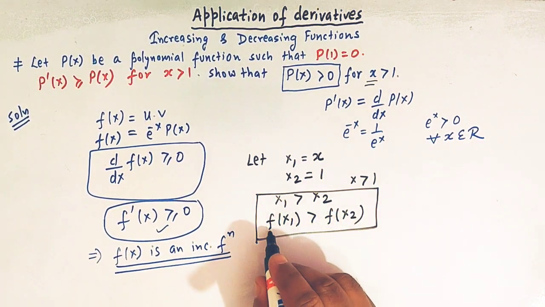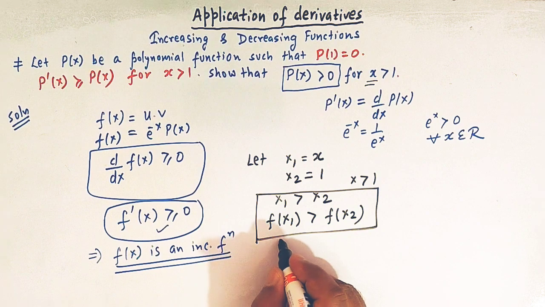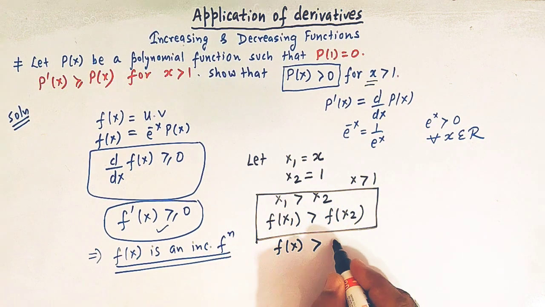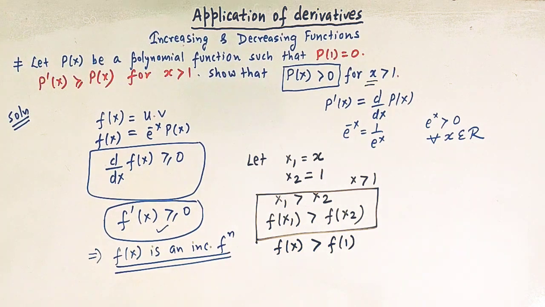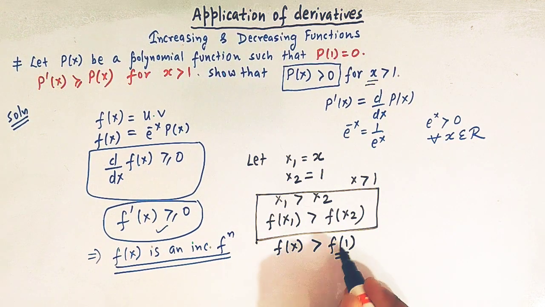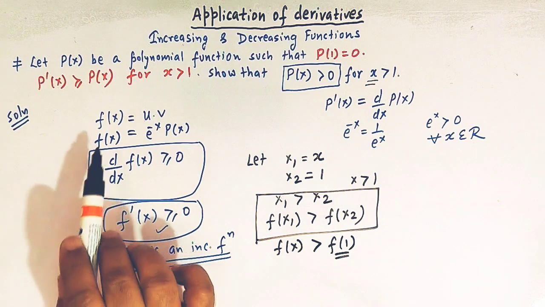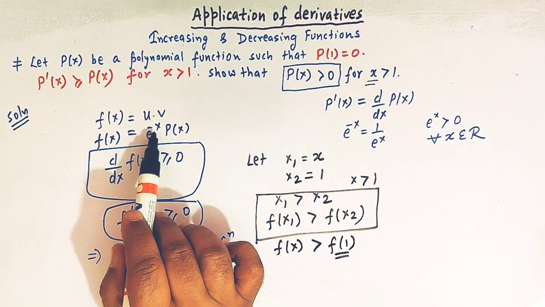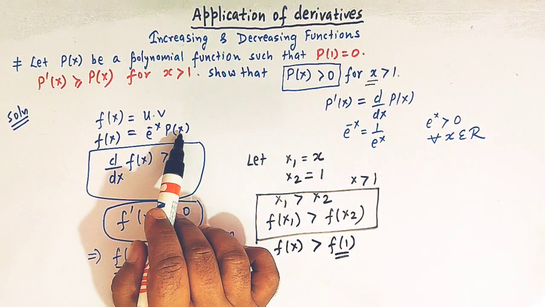So now f of x1 is simply f of x, and f of x2 is f of 1, right? So now let us calculate f of 1 from this relation, that is f of x is the product of e raised to minus x and p of x.